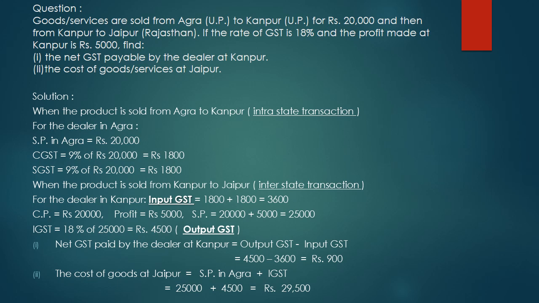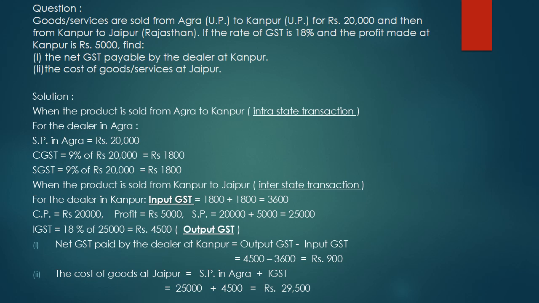So see the solution. When the product is sold from Agra to Kanpur, this transaction has been made in the same state. So it is an intra-state transaction. When any transaction has been made in one state or the same state, then two taxes are calculated over it.